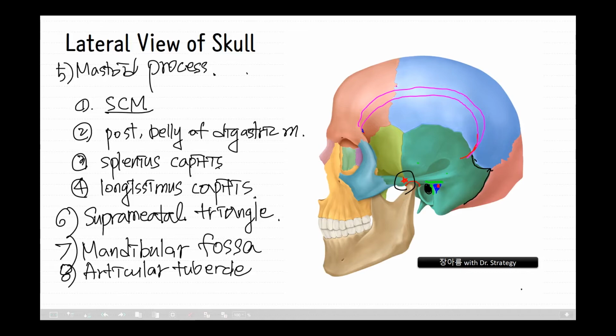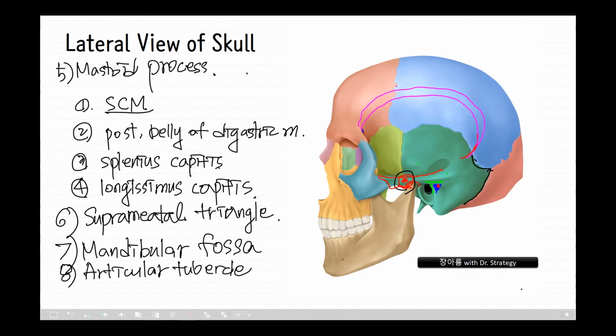Actually, this is the zygomatic process of the temporal bone, and here where the star is marked, it widens to form an articular tubercle of the mandibular fossa anteriorly. The articular tubercle is a rounded eminence at the anterior root of the posterior end of the outer surface of the squamous temporal bone, in other words, the squamous part of the temporal bone. This tubercle in the fresh state is covered with cartilage.